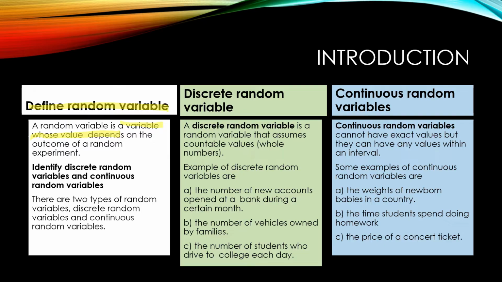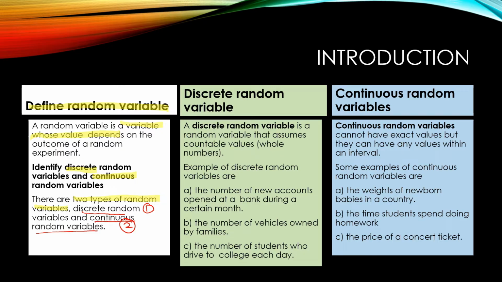Next, we need to identify whether the random variable is discrete or continuous. So here, there are 2 types of random variable. The first one is discrete random variable, and the second one is continuous random variable.